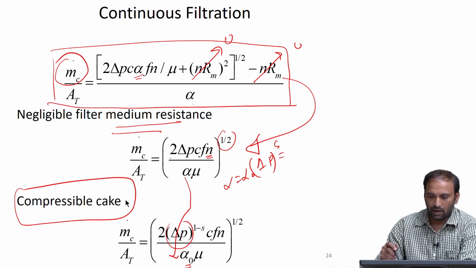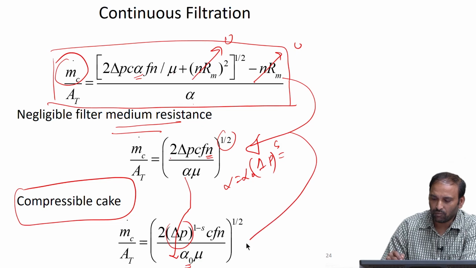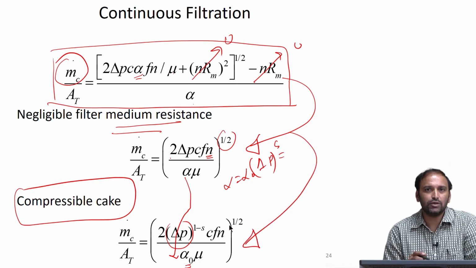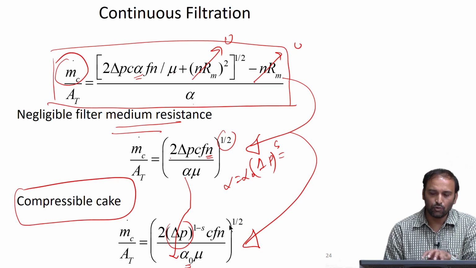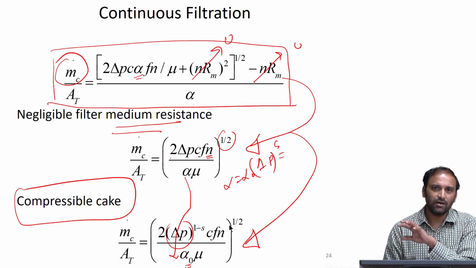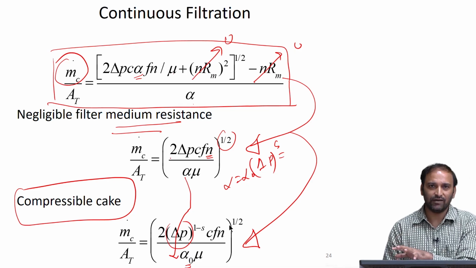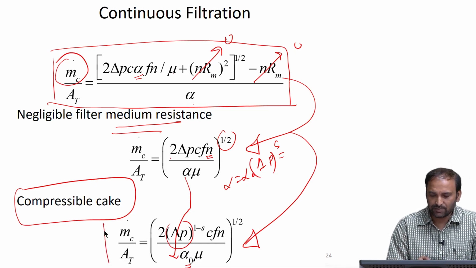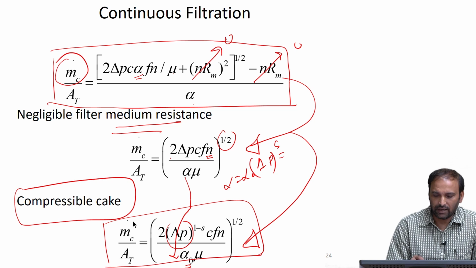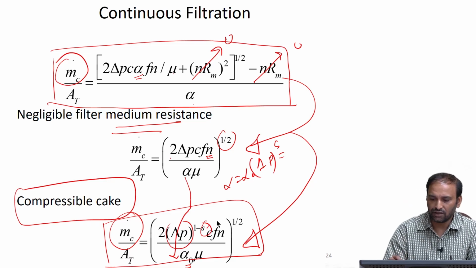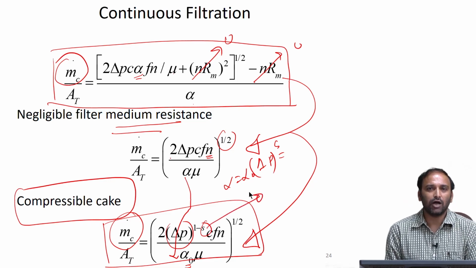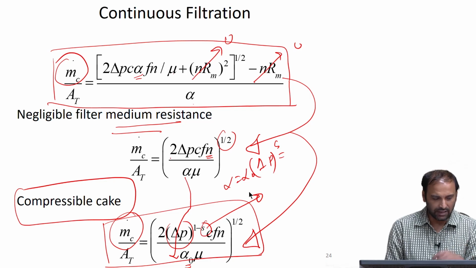I can also modify the expression to suit a cake that is compressible. That means I have taken the empirical expression that was developed to get an expression that relates m dot to the coefficient that tells me how compressible the cake is.